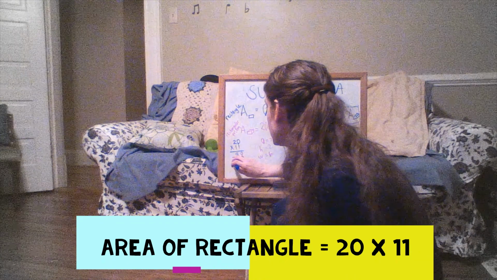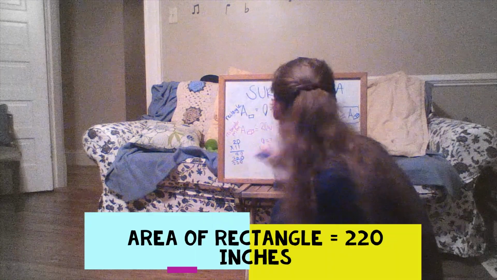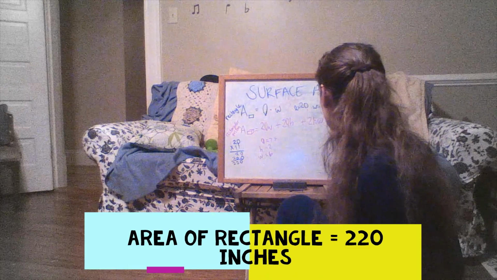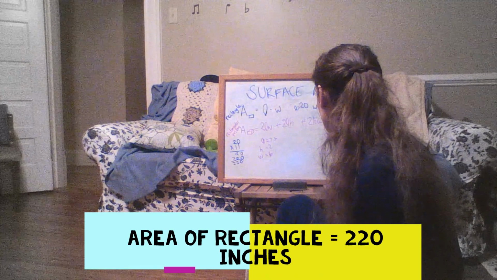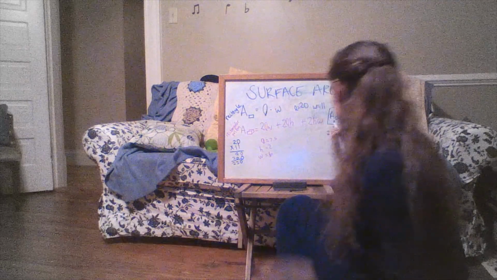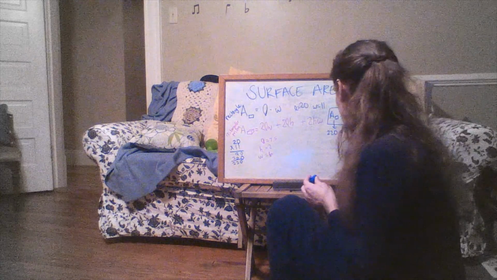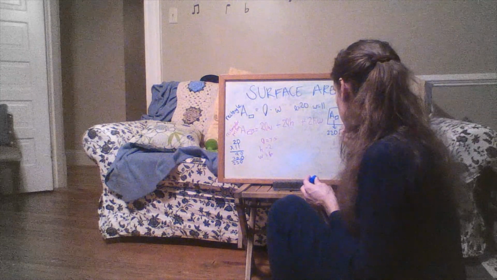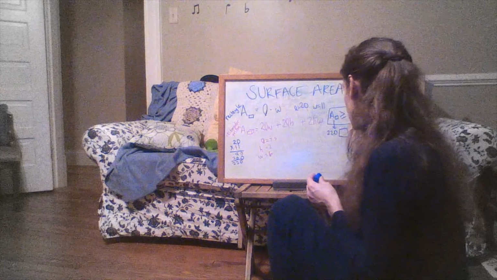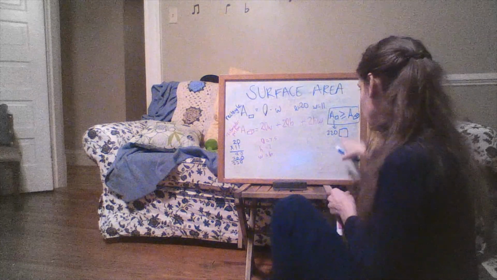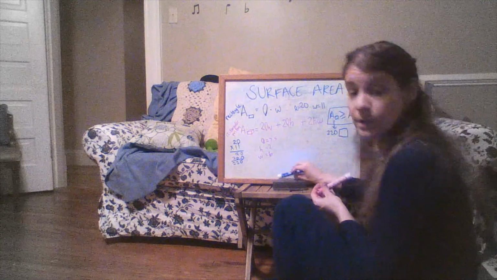So we got 220. So we're going to have that right here, that's going to be 220. And then I'm going to put a block here to see if that's going to be greater than or equal to, and we're going to put that symbol in there.